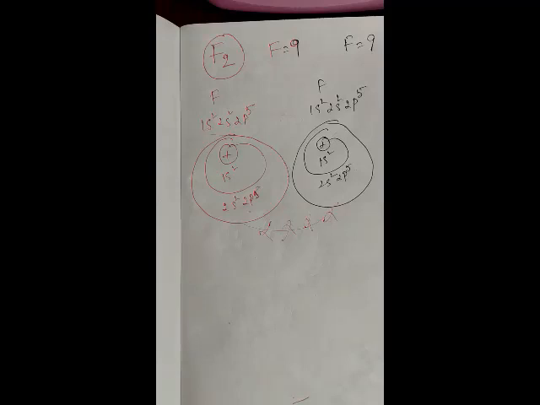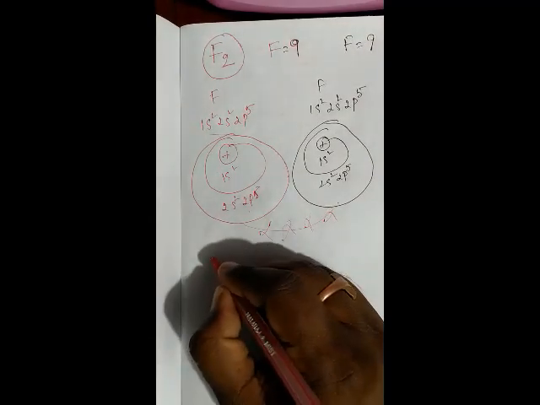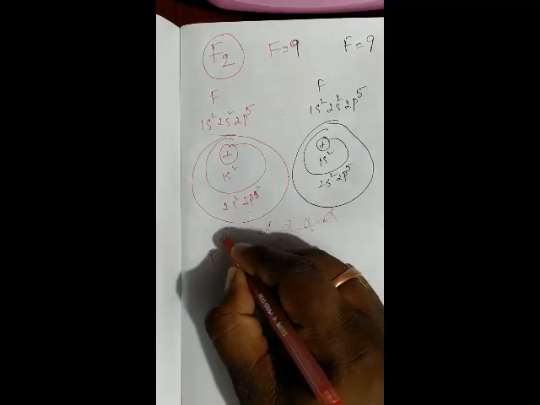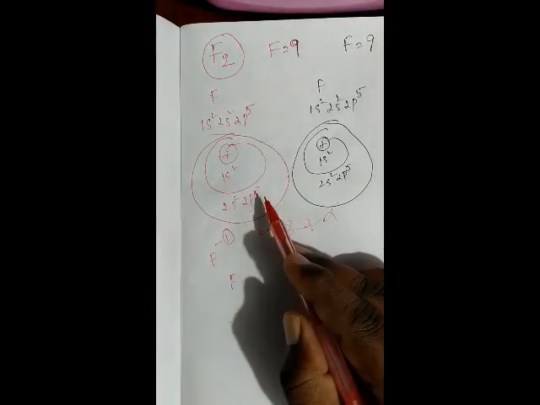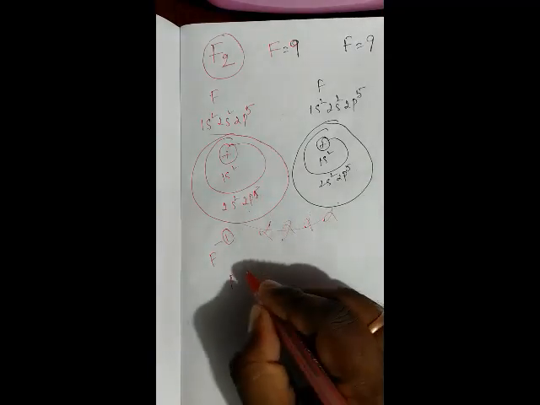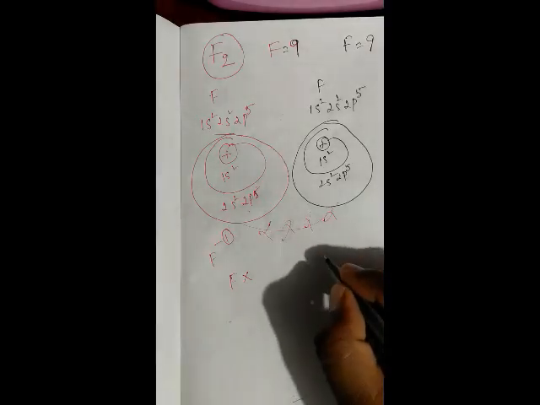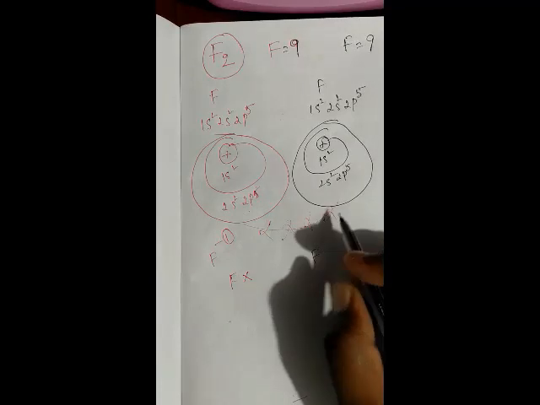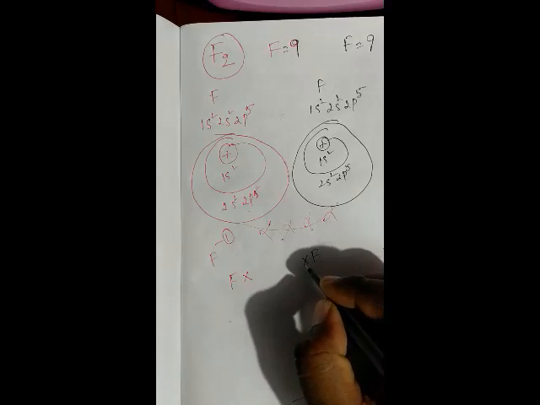So see here, the first fluorine atom. Fluorine is written as F with minus 1, because 2 plus 5, 7, so for getting stability it requires 1 electron. As I already told, write as many electrons as it requires. First write that. Next, the second fluorine atom also requires 1 electron, so write that 1 electron here.